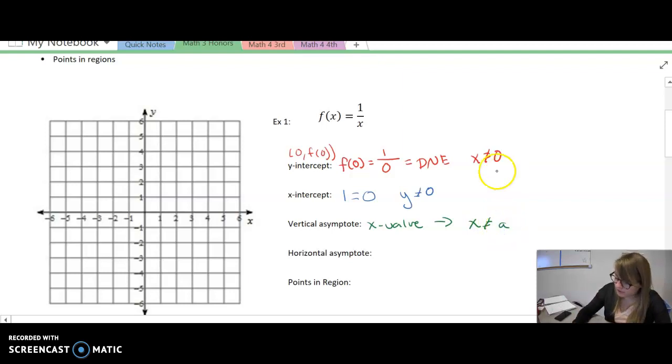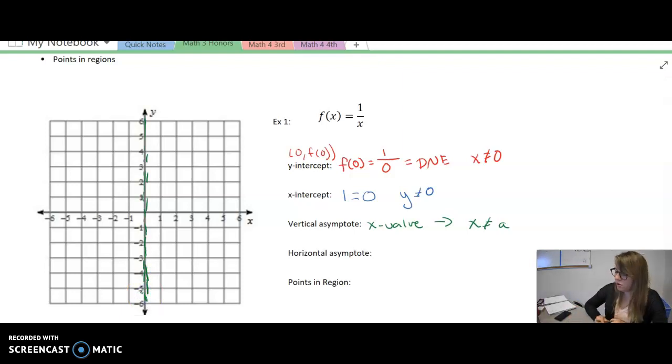We've already discovered that x cannot equal 0, so we have a vertical asymptote right here at the y-axis. And it's just that invisible line that our graph will never touch.